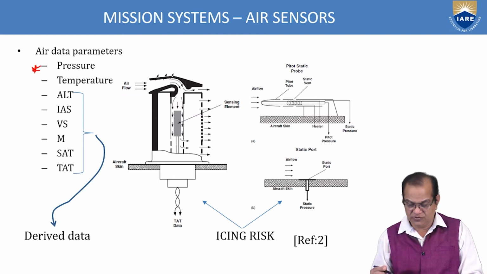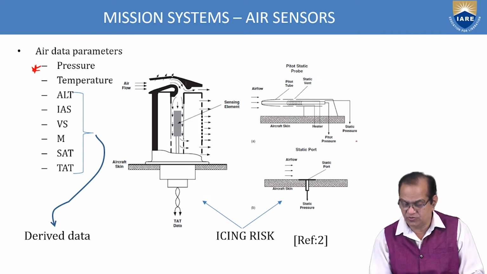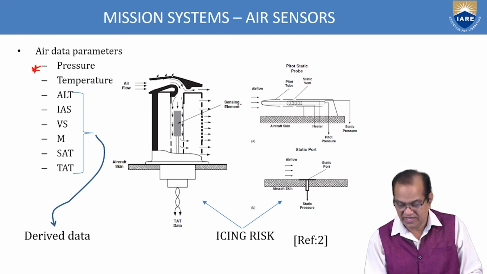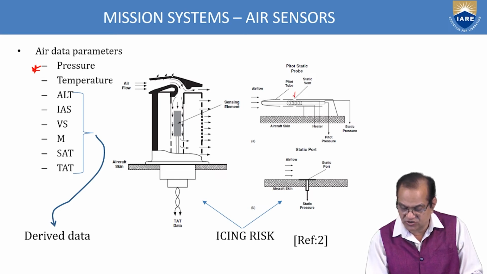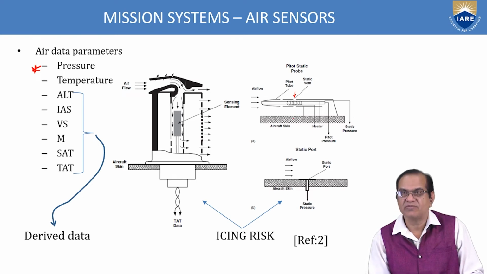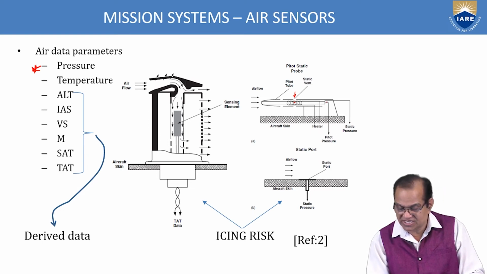Like this, if you see about icing risk and all, here is the pitot tube. We have the pitot static probe, we have the airflow, we have the pitot tube here, this is the static tube here, and here we have the aircraft skin. We have the heater here, we have to provide the heater, this heater will heat it, otherwise this hole will be blocked. Pitot pressure is observed at this point, and static pressure is observed at this point.